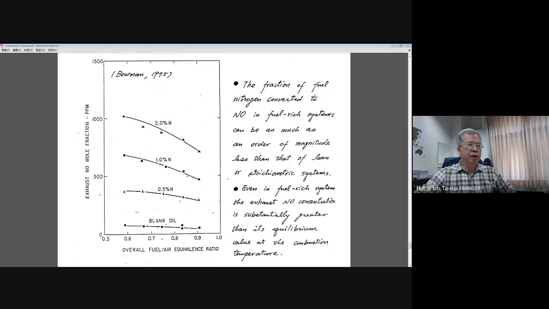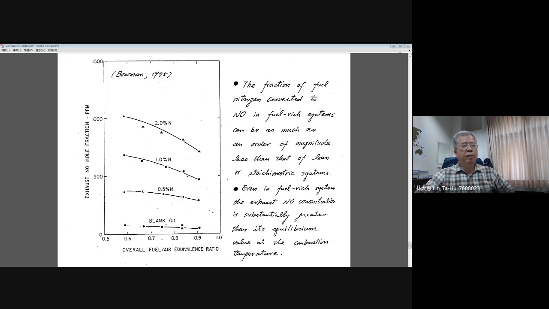For example, here they choose different fuel-air equivalence ratios and burn the brake oil with additional nitrogen added. You can see originally the mole fraction for NO is at this low level for the brake oil.